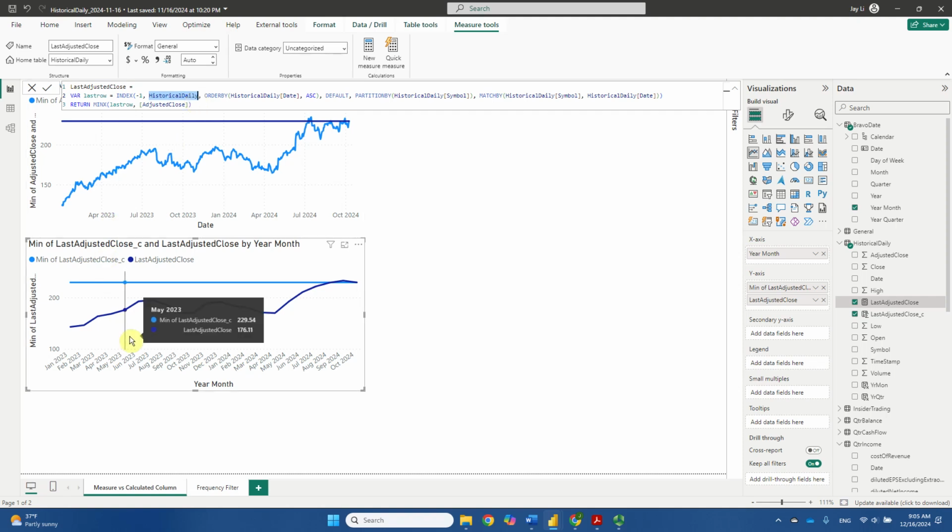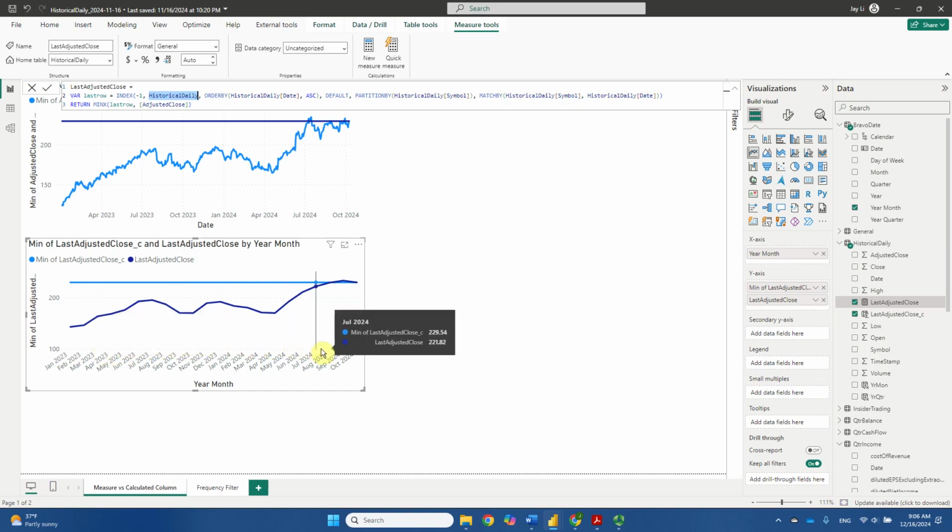Next, when we move to another data point, say June 2023, then this index function is going to work on part of this historical daily data set related to June 2023 only. So when we move across different months in this chart, that particular month we are focusing on is going to work as a filter to affect which part of the data this measure is going to work on.